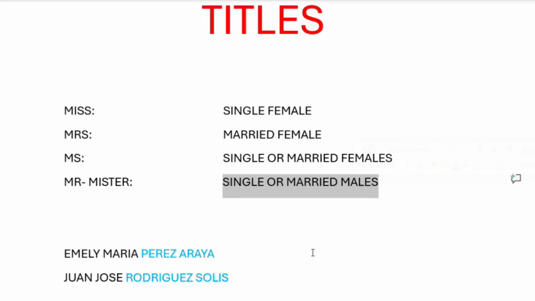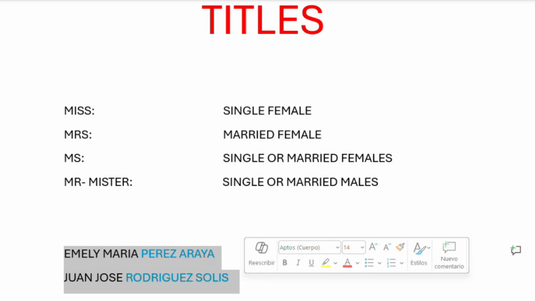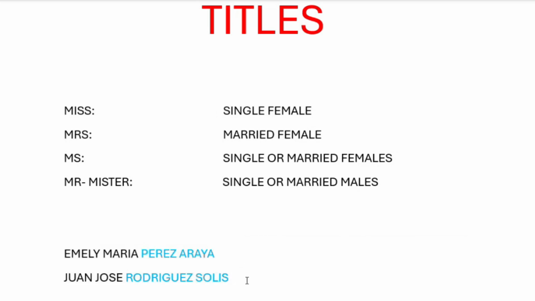Okay, let me give you some examples here to make you understand very easily how you can use the titles. In this case, we have the full name of this woman, and here we have the full name of this man. I don't have any idea who these people are. I'm just using my imagination.